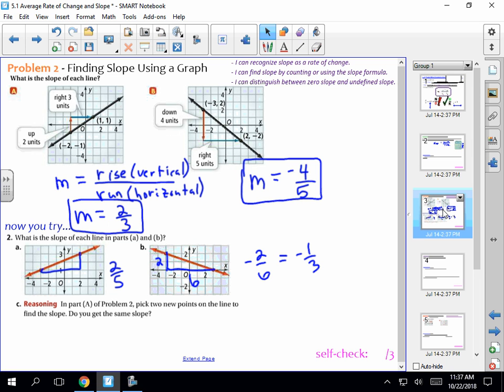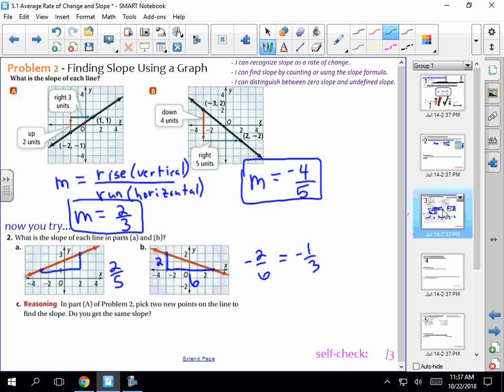It says in part A of problem 2, pick 2 new points on the line to find the slope. Do you get the same slope? If I were to pick 2 new points, let's see here if I can find 2 new points. The trick is finding 2 new points that are actually on the intersection of 2 grid lines here.